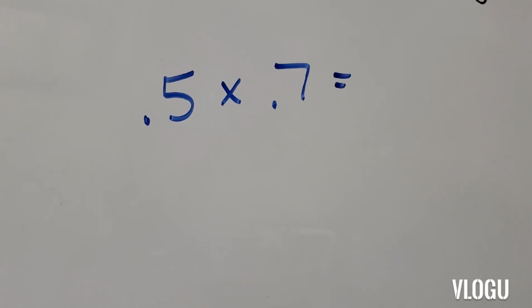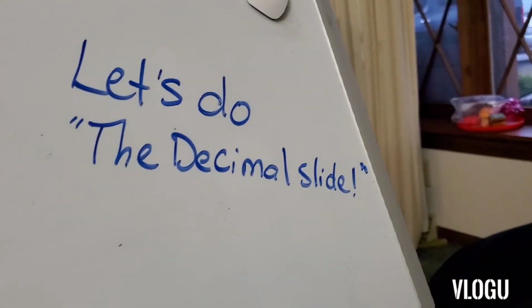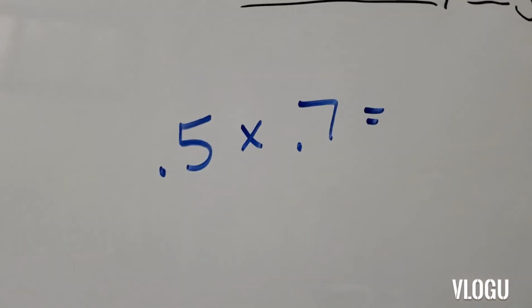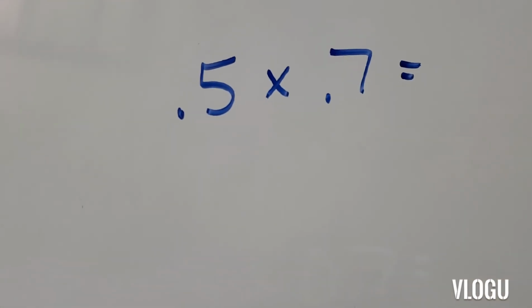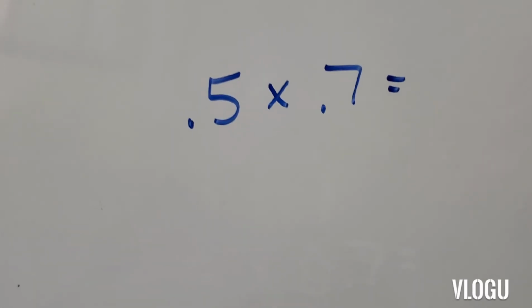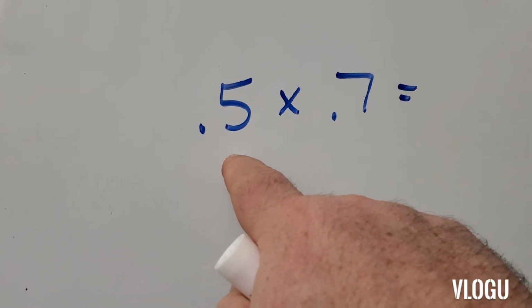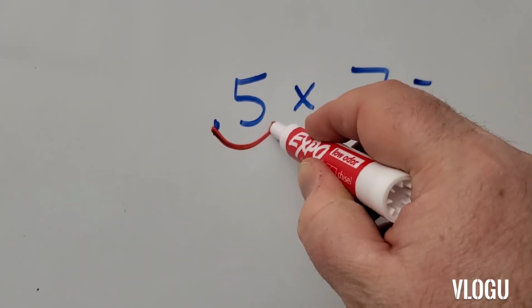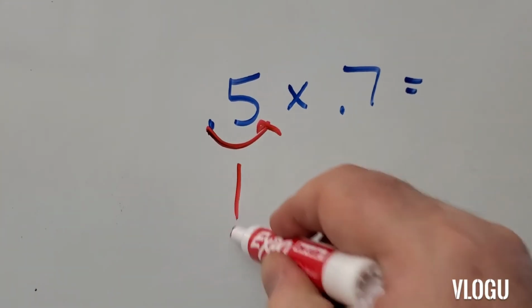So let's put our dancing shoes on and let's do the decimal slide. All right, in order to do the decimal slide, I need to change this 5/10 into 5. And I do that by bloop, sliding it one space.